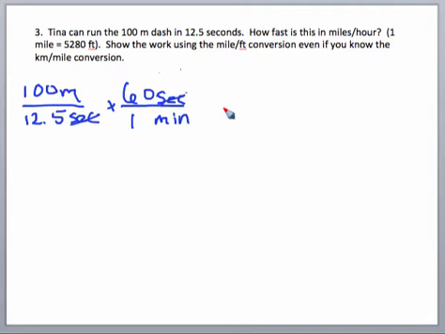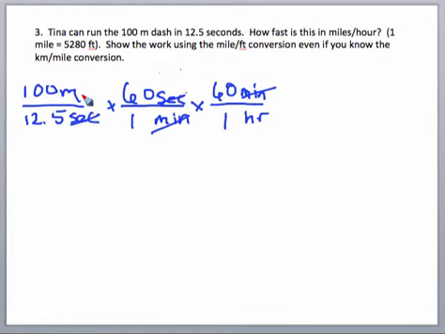That way, seconds cancel. Now we have meters per minute, but we need per hour. So we're going to put minutes up here so it cancels, and hours. And there are 60 minutes in 1 hour. Minutes cancel. If we stopped right now, we would have meters per hour.